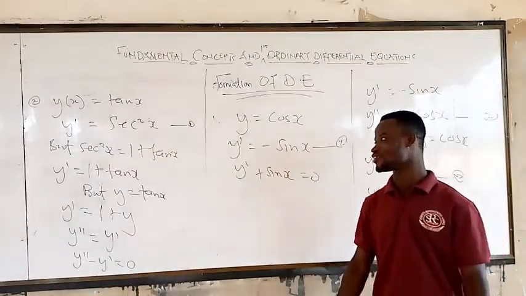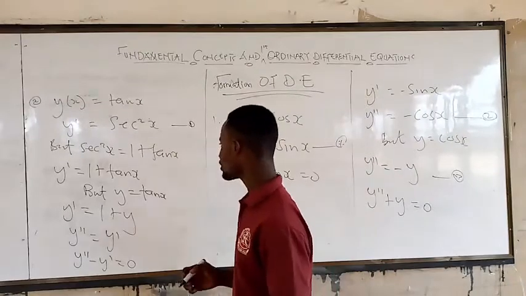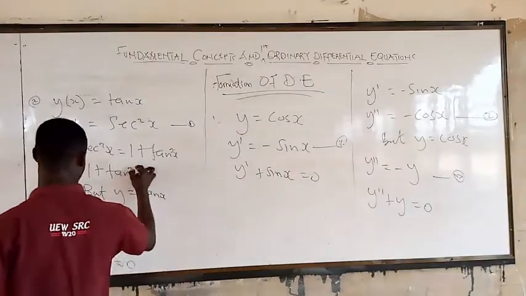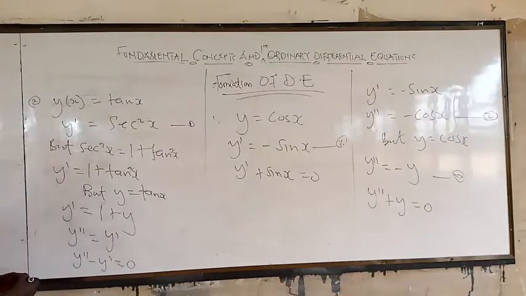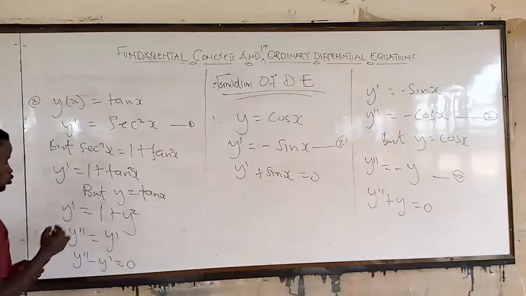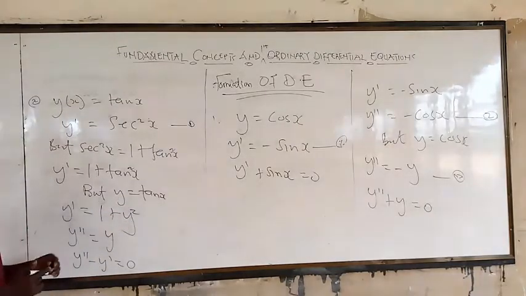I'm sure you are also coming out with a lot of forms. Oh, sorry, here is tan squared. I should have rather said that y is equal to this, therefore here will be y squared.